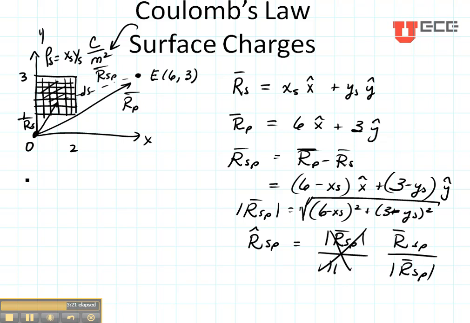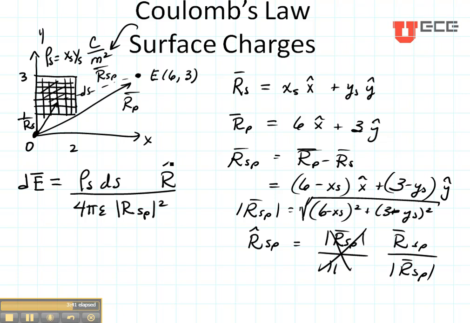The differential electric field at point P is going to be dq. dq in this case is going to be rho s ds because it's a surface charge. We're going to divide by 4 pi epsilon, the magnitude of rsp squared, and the direction is the unit vector from rs to rp. Now adding up these sources means that we're going to be integrating over a surface.